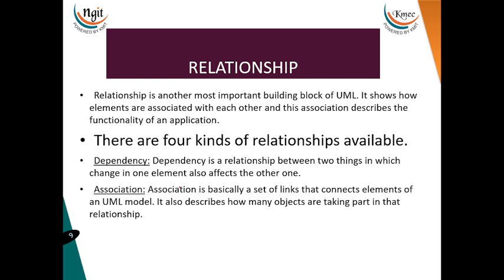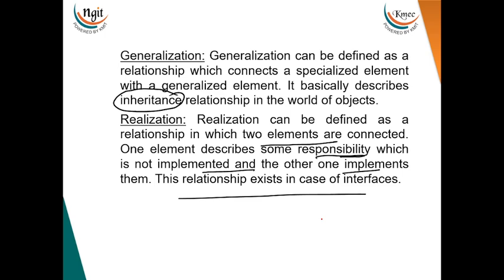What are relationships? There are four relationships. Dependency is a relationship where one depends on the other. Association is basically a set of links that connects elements. It describes how an object is taking part, meaning to what degree your object is taking part in it. Generalization gives you the concept of inheritance.